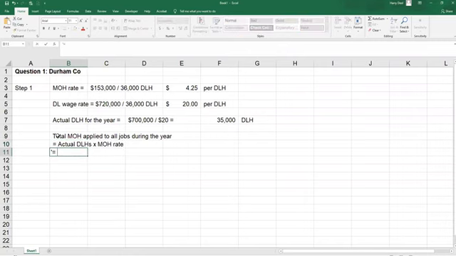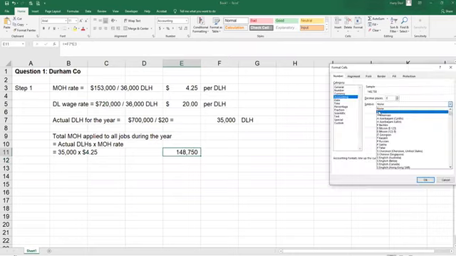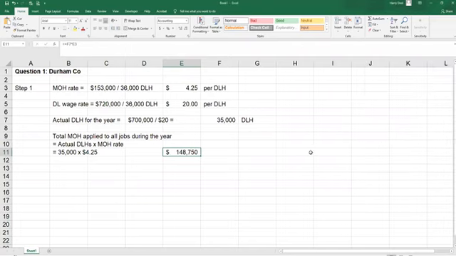So 35,000 hours multiplied by $4.25. For the year, we will have applied to various jobs 35,000 multiplied by $4.25, $148,750. That's the amount of manufacturing overhead that has been charged to various jobs during the year.